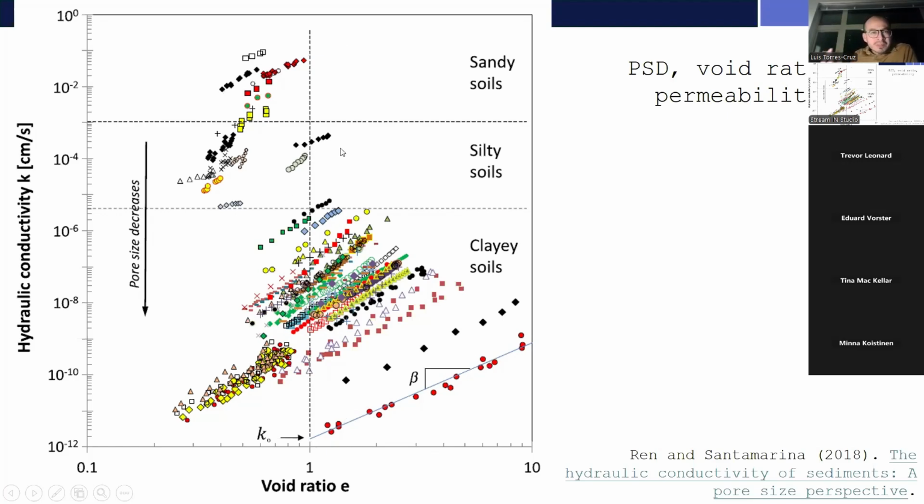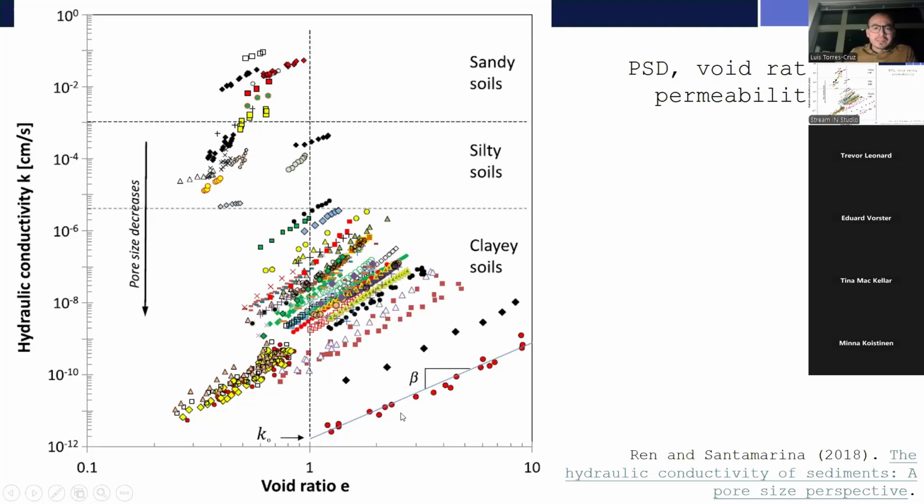But more strictly speaking, it's not really the size of the particles that is controlling permeability, but the size of the pores between those particles, which is, of course, a related concept, but it's not exactly the same. One thing is the size of the particles, another thing is the size of the pores.